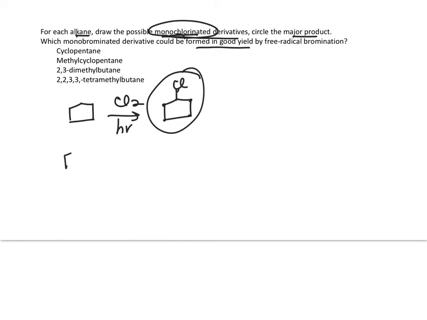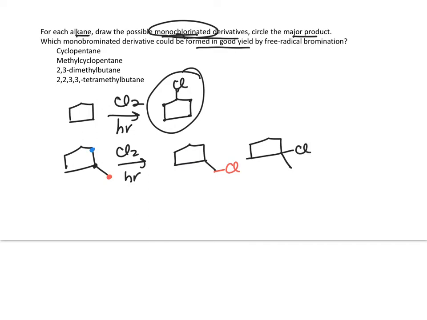Okay, methylcyclopentane. Now we have different hydrogens here. We have a methyl here, a tertiary here, and a secondary here. So now we're going to get different products. You can get your methyl with Cl there. You can get the tertiary, and you can get the chlorinated here.